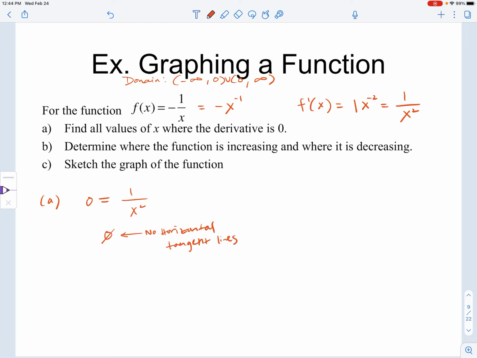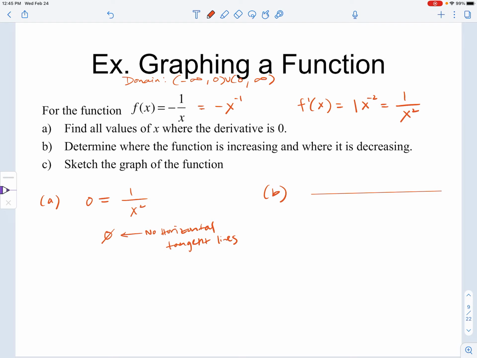However, that doesn't mean we can't still do an analysis line. I'm not putting the values that would make the derivative equal to 0 on the analysis line, but the function could change whether it's increasing or decreasing to the left or the right of the domain restriction.